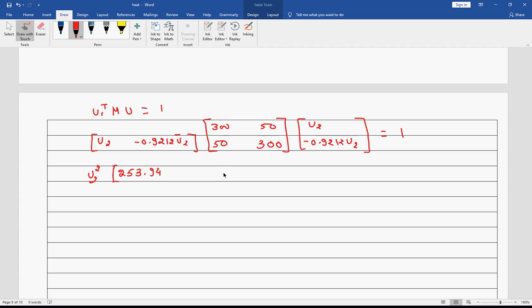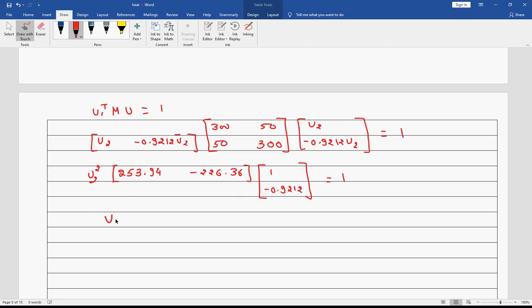Okay, so now 50 minus 0.9212 into 300. So that is minus 226.36, into 1 minus 0.9212, is equal to 1.